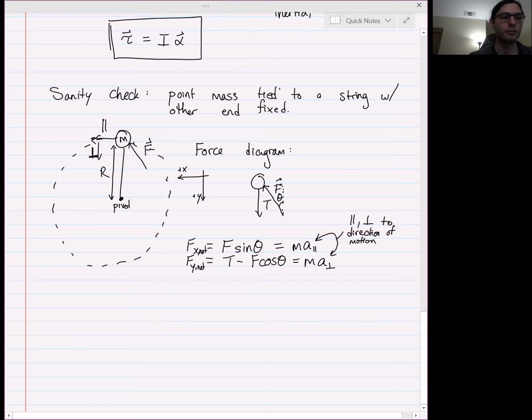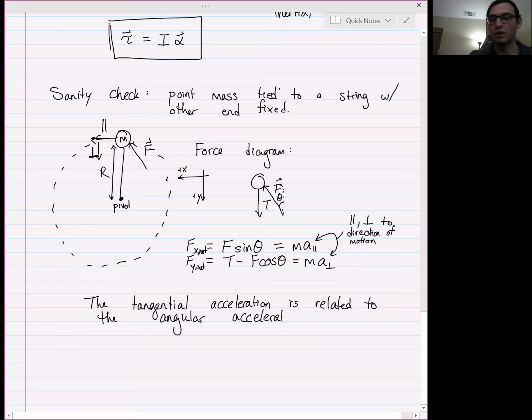So let's take a look at just the tangential acceleration. The tangential or parallel acceleration is related to the angular acceleration. So imagine that you applied a big force to the left on this object, right?